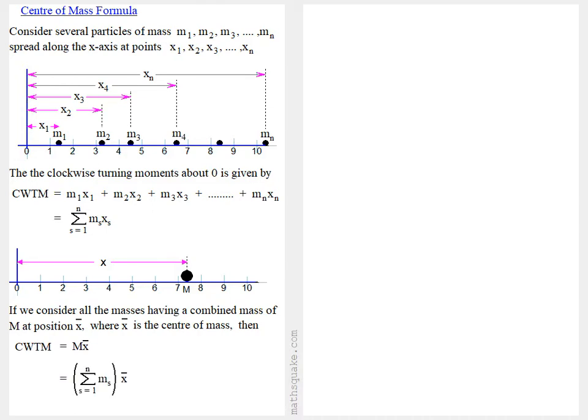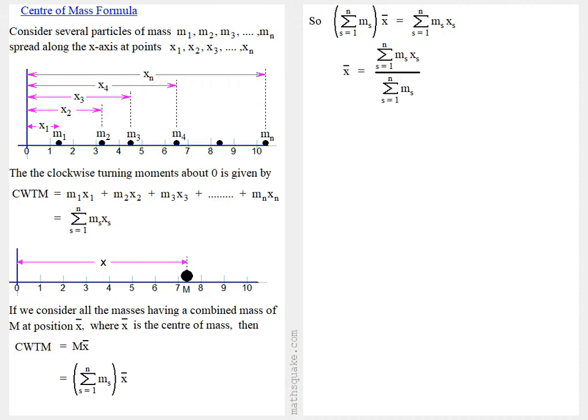But the combined mass, capital M, is the sum of all the small masses. So that's sigma, the sum of, from s equals 1 to n, of ms, which is multiplied by x bar. Now the clockwise turning moments in either case are the same. So we have the sum of the masses times x bar is equal to the sum of the products of ms times xs.